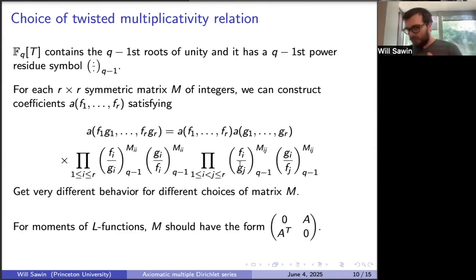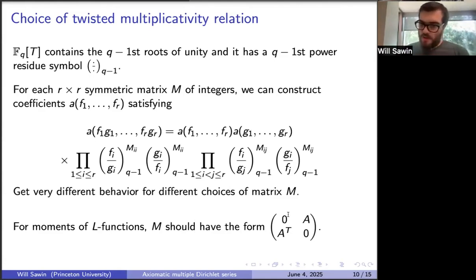The series you get can vary a lot as you change this matrix M slightly. But if you have a specific arithmetic problem you care about, like a specific moment, it's not too hard to calculate which matrix M can get you a series that might help you with that. It just depends on finding the twisted multiplicativity relation that the terms in the series you originally care about satisfy.